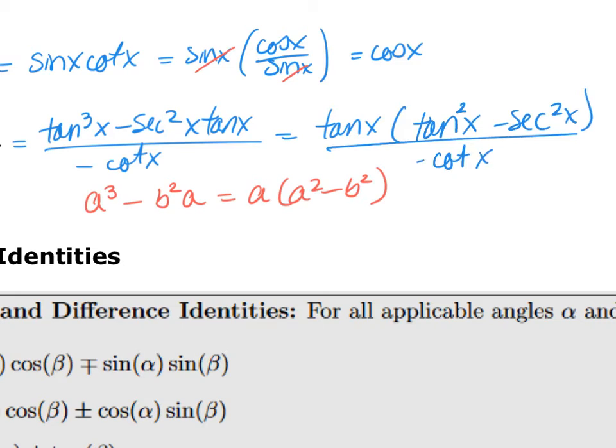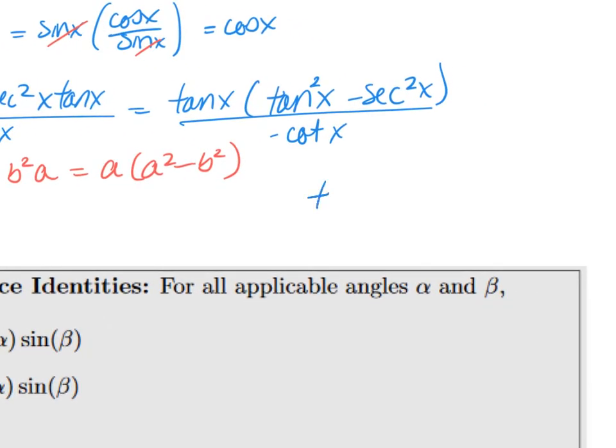How are we doing so far? Do we have any kind of relationship between tangent and secant in my Pythagorean identities? What is my relationship? So tangent squared of my angle plus 1 is equal to the secant squared of my angle.